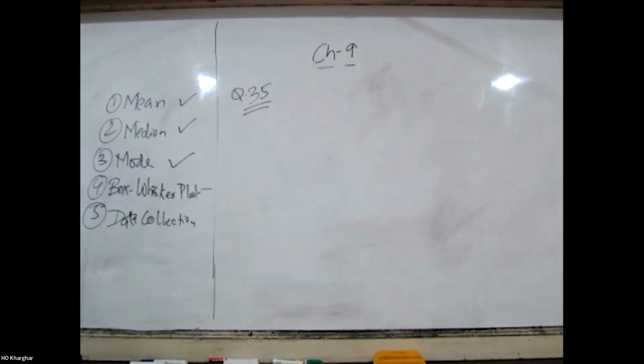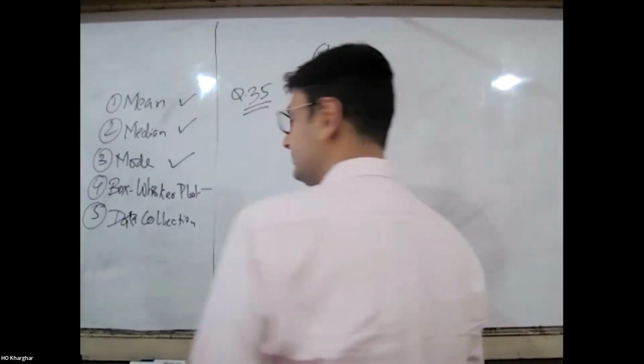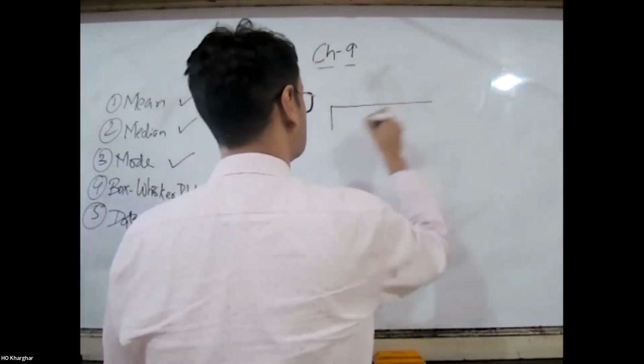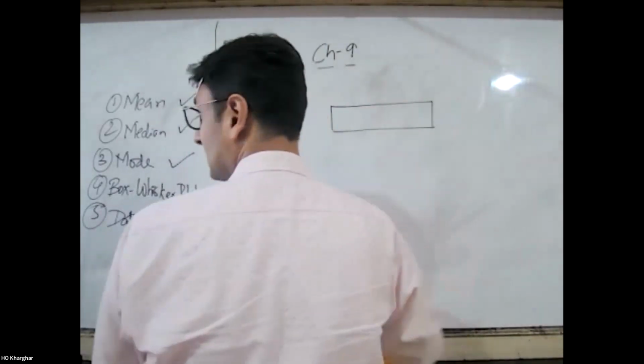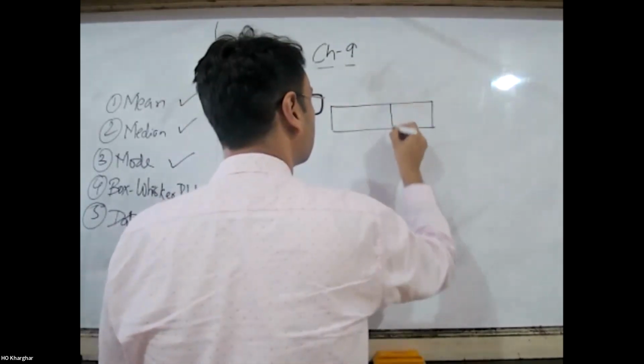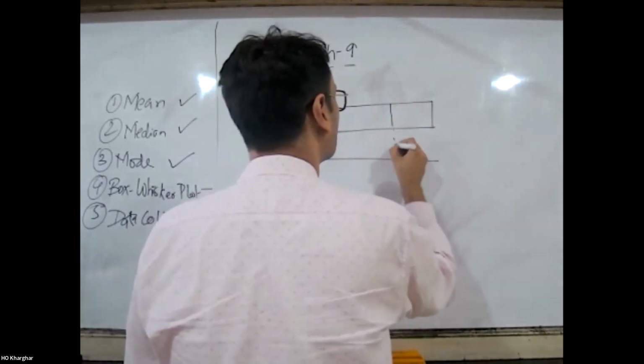About 25% of gyms have more than what number of gym members? Is it option D?